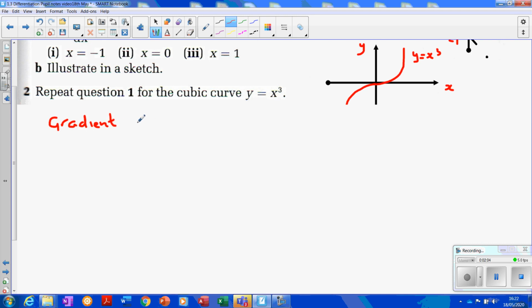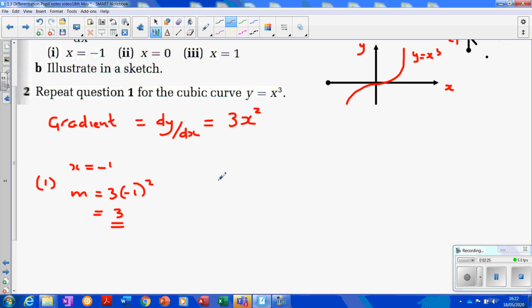Gradient of tangent is equal to dy by dx, and dy by dx for x cubed, multiplying by the power and taking 1 away from the power, is 3x squared. So when x is equal to minus 1, the gradient is 3 times minus 1 squared. Minus 1 squared is 1, so the gradient is 3.